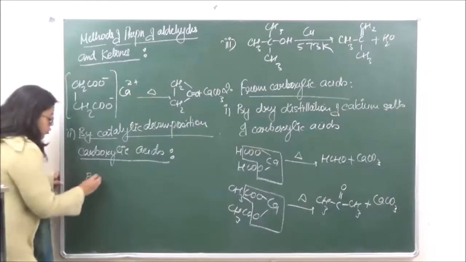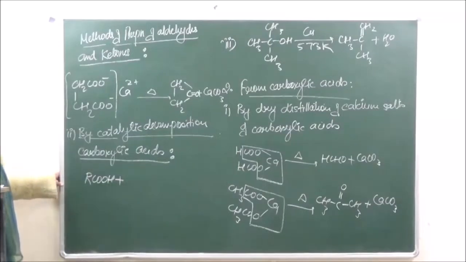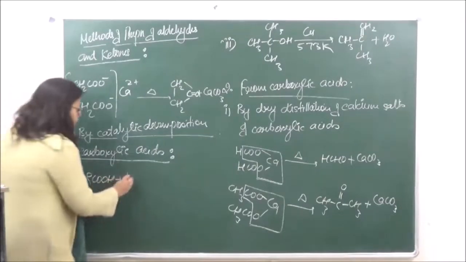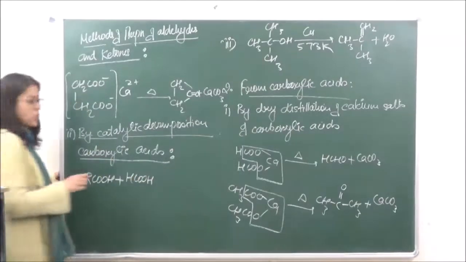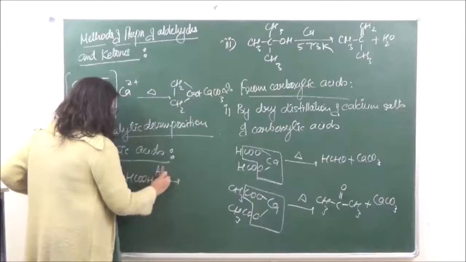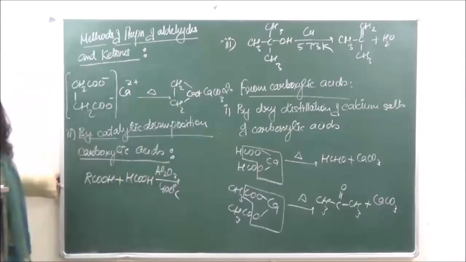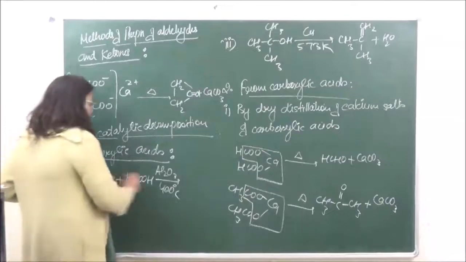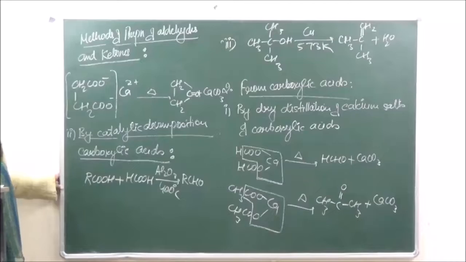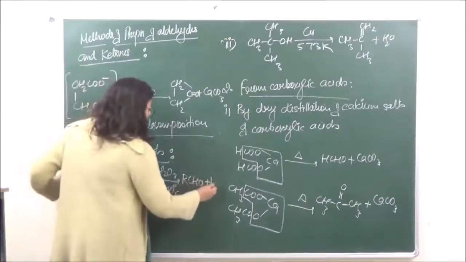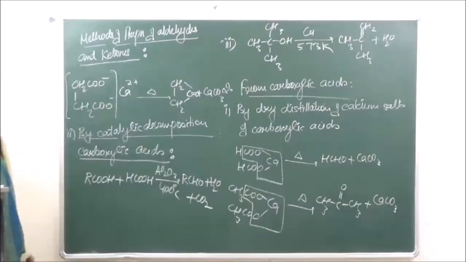So, if we are taking two different kinds of carboxylic acids, one which has an alkyl group, and the second one which is formic acid, HCOOH, in presence of alumina at 400 degrees Celsius, this is going to give us aldehyde RCHO, okay? Plus a water molecule and plus carbon dioxide.